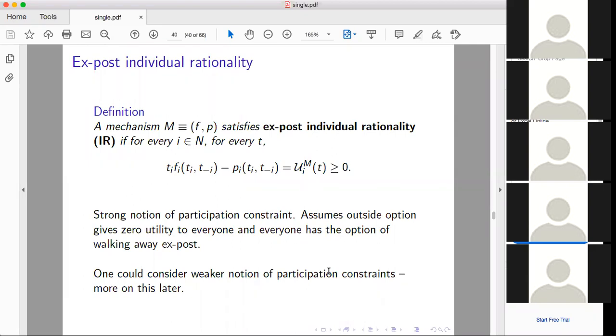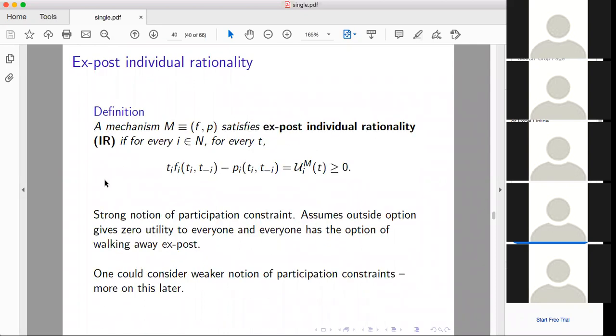Essentially, we are looking at a mechanism where truth telling is an equilibrium, and hence the net utility that you get is an equilibrium utility, and so it reflects the actual utility you will get in the mechanism. So participation constraint is always taken together with incentive constraints.